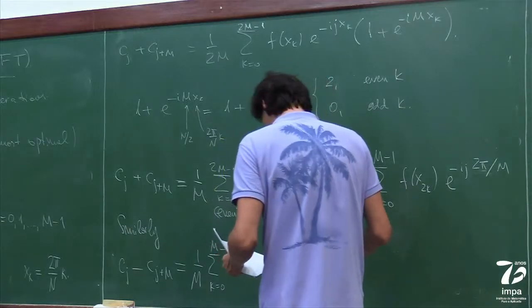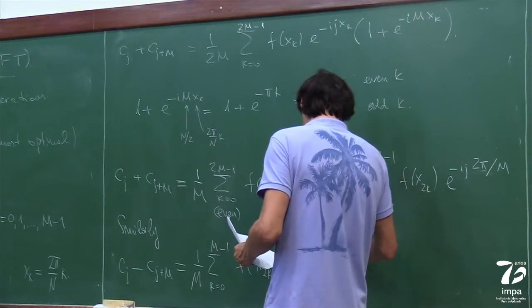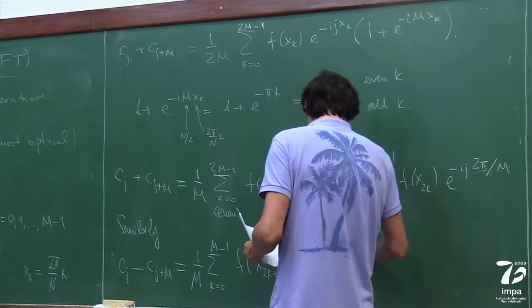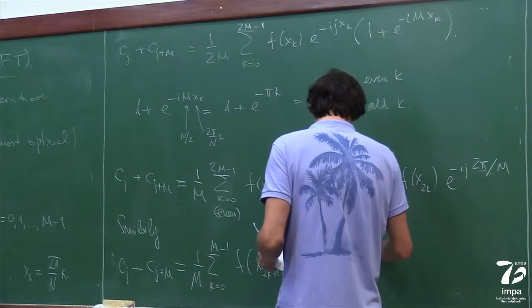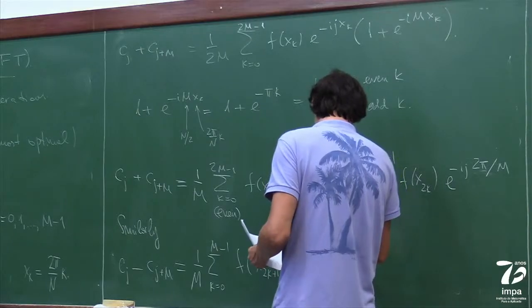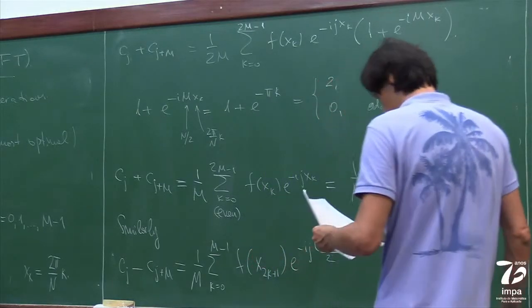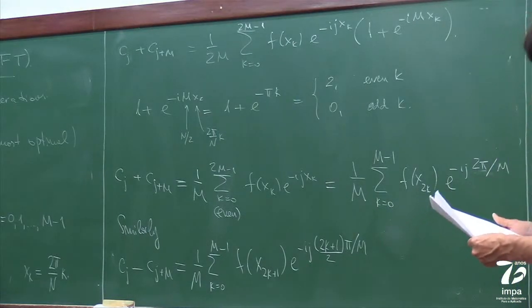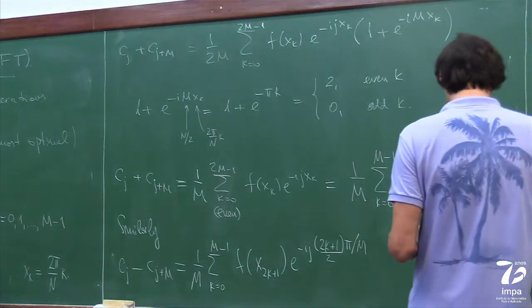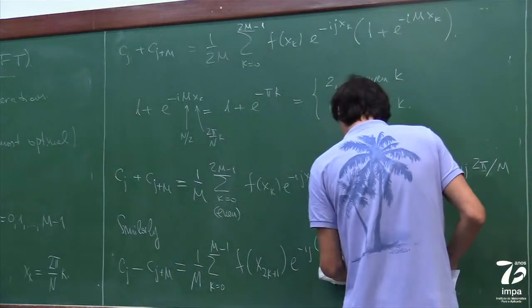So it will be 2k plus 1 pi over 2. Oh, no, there's no 2.